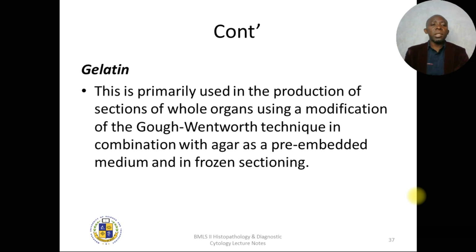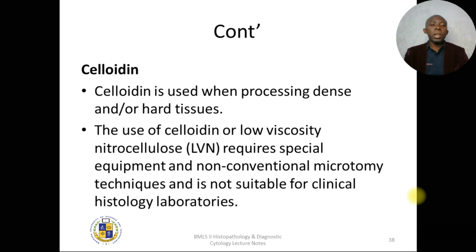Another medium we can alternatively use is what we call gelatin, and this is primarily used in the production of sections of whole organs using a modification of the Goldblatt technique in combination with agar or a pre-embedded medium and frozen sectioning. Then we have celloidin and collodion. The celloidin is used when processing dense and hard tissues.